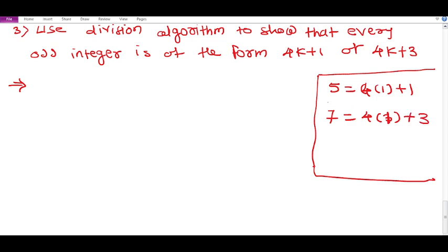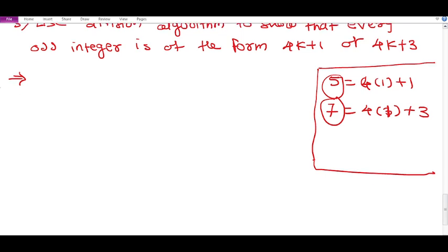So every odd integer can be written in this form, that is what we want to show here, and for that we want to use the division algorithm. Now let us apply the division algorithm.